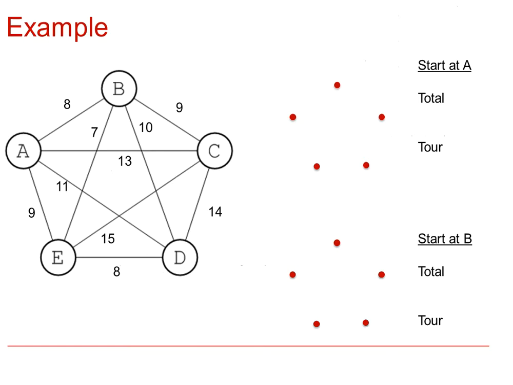In this example here, initially we'll start at A. And we can see there is a choice of 8 to B, 13 to C, or 9 to E. So we will choose the 8 to B, and I like to write them out with the numbers between the letters.